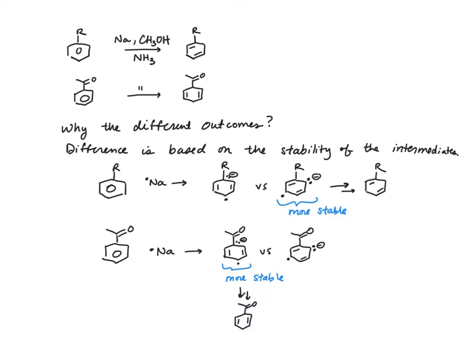So that means that this intermediate is more stable, and it's going to be what leads to the product. With an electron withdrawing group, though, that situation is different. Instead, the intermediate that has the anion closer to the substituent is more stable because the substituent is electron withdrawing and takes those electrons in through resonance.